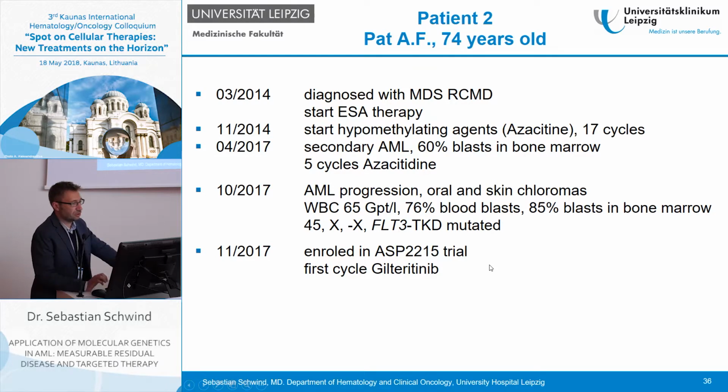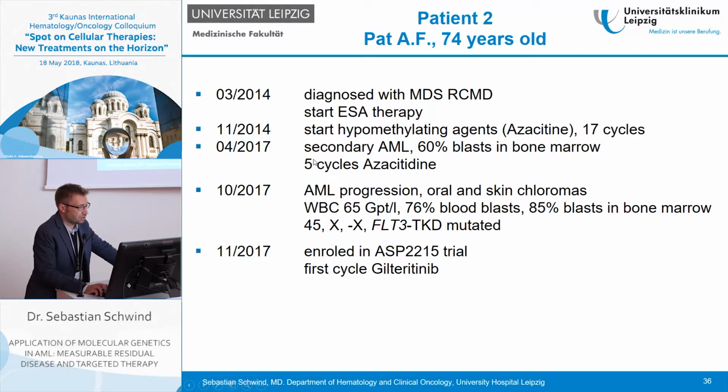I want to move on to a second patient. This patient was diagnosed with an MDS, and basically started externally on hypomethylating agents. She received 17 cycles of this. With still 60% bone marrow blasts, she was diagnosed with a secondary AML.